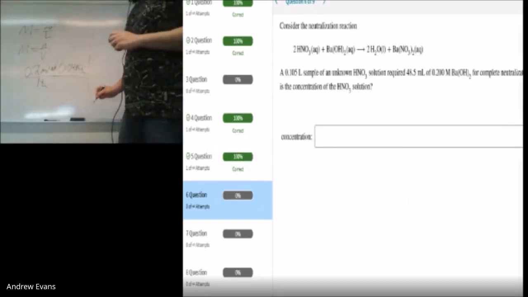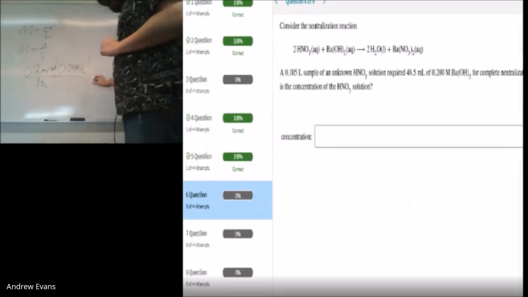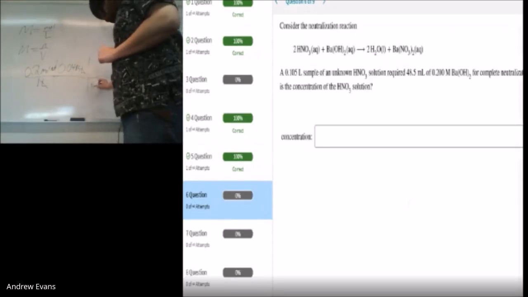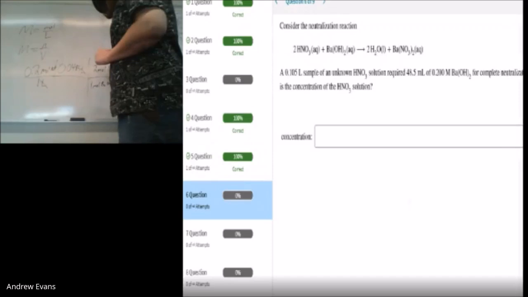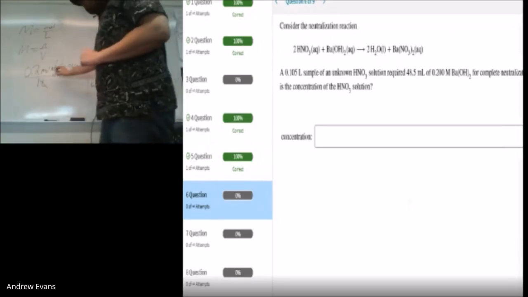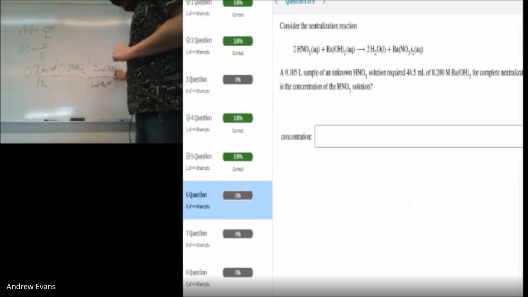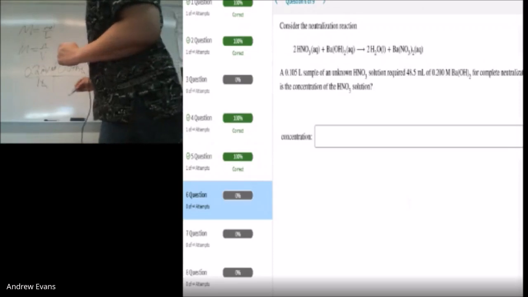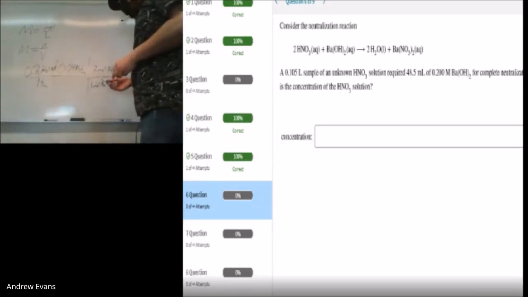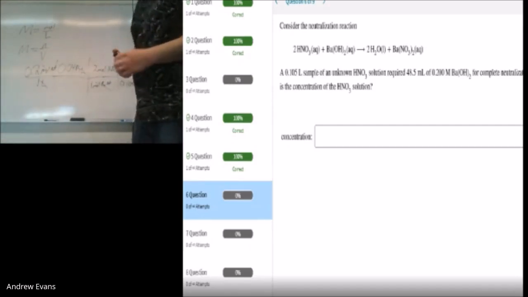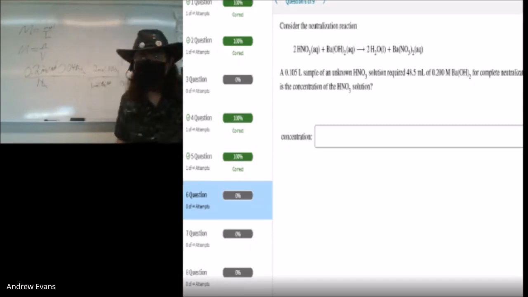Now, here's where this is harder than usual. For every 1 mole Ba(OH)2, we'd get 2 moles of nitric acid. And then we're going to divide by our volume of nitric acid to give us our concentration of nitric acid.